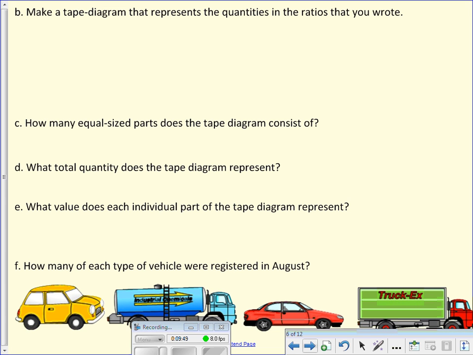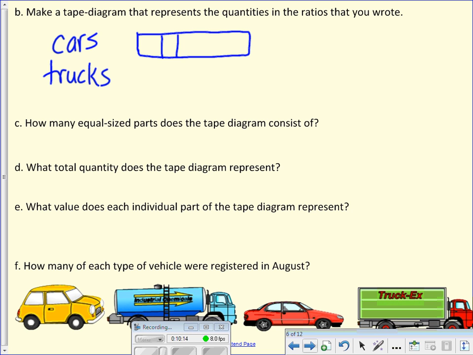So now let's apply our flashback to the trucks and the cars. Let's make a tape diagram for the trucks and the cars. So what came first, cars or trucks? Remind me. Cars. Okay, draw this. And how many cars were there? 5. And how many trucks? 7.